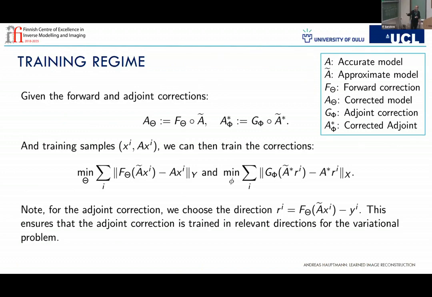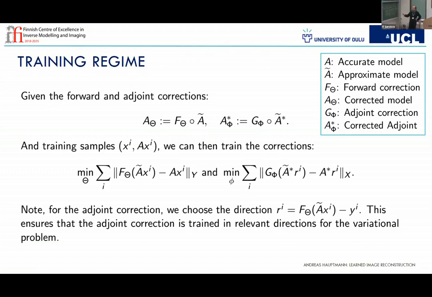So we can train the forward model, but also for the adjoint fit, it's important that we train on directions that are relevant to our minimization scheme. So we kind of need to know what we are going to minimize to actually train this thing. So it's not exactly practical, but that's not the only reason why we did it.